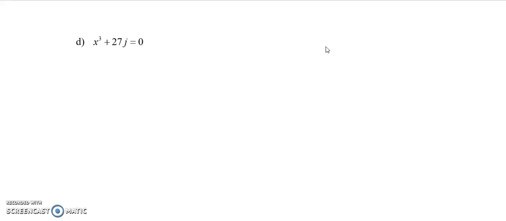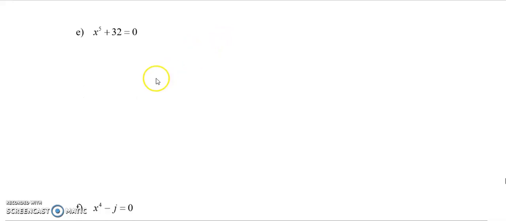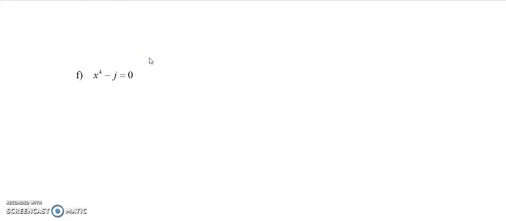You're going to find 3 solutions to that equation because it's a degree 3 equation. E, oh my goodness, look at that. X to the power of 5 plus 32 is equal to 0. That's going to have 5 solutions. So make sure you calculate all of them. And F then, on the bottom of that page, x to the power of 4 minus j is equal to 0. That is actually going to have 4 solutions.